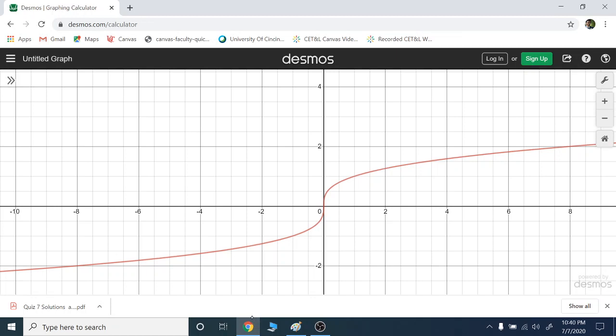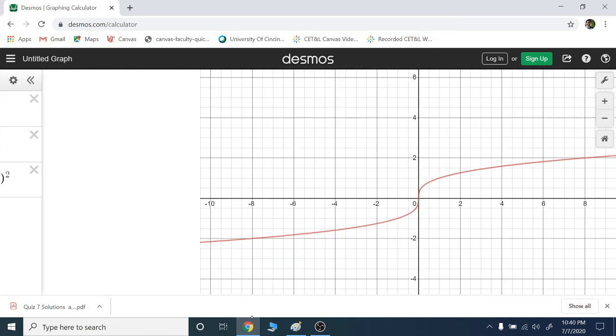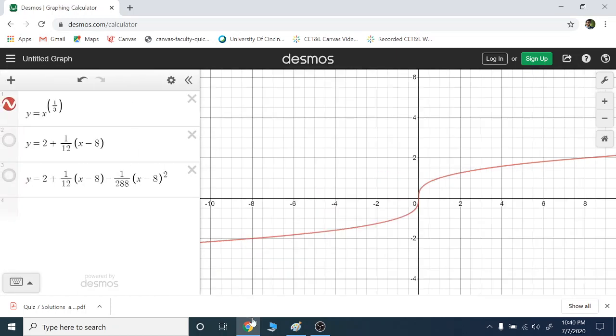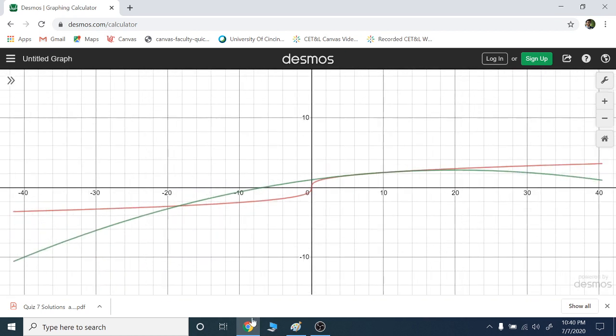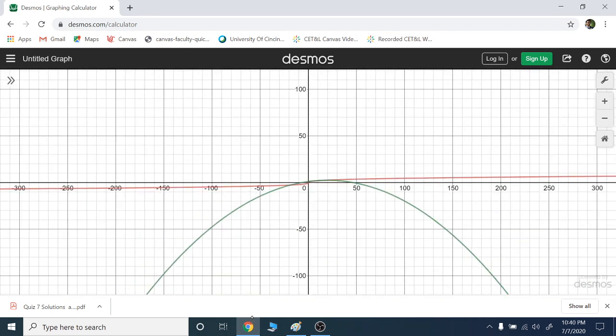Now this is the graph of the original function f(x), right? And then if we plot the Taylor polynomial of second degree, which is this one, it will look like this. Let me zoom out. See, it will look like this.